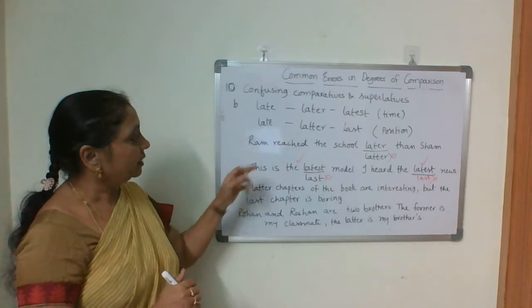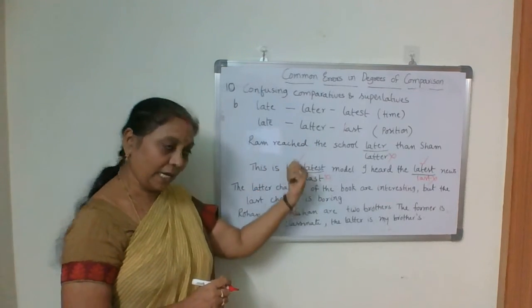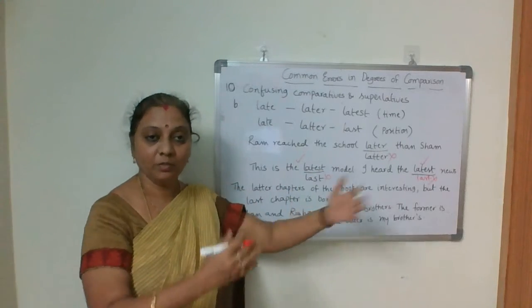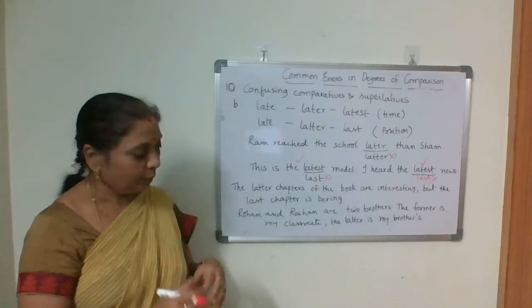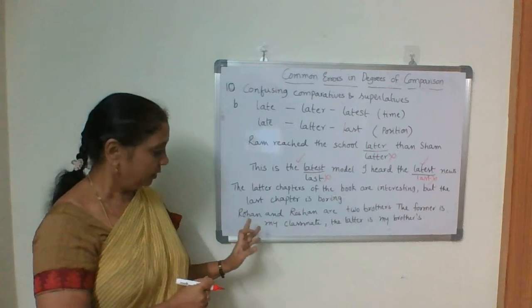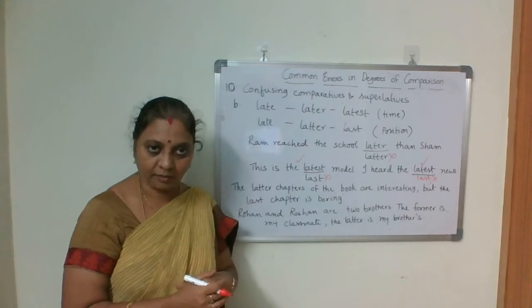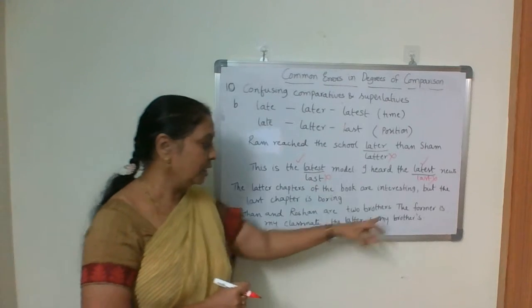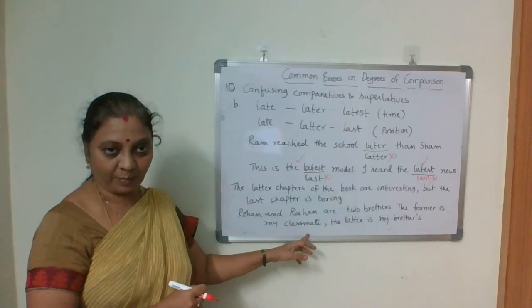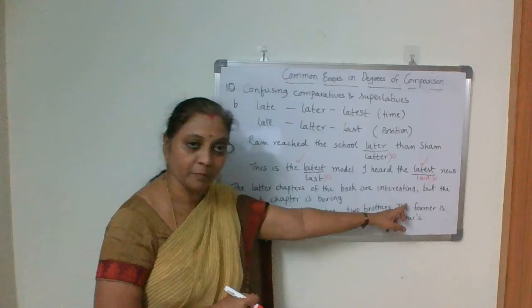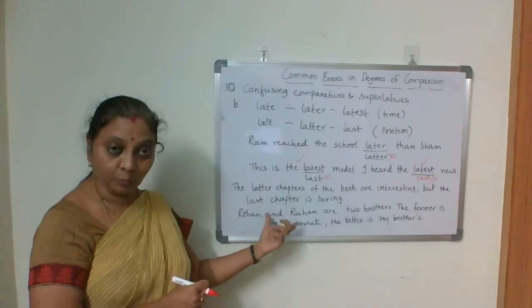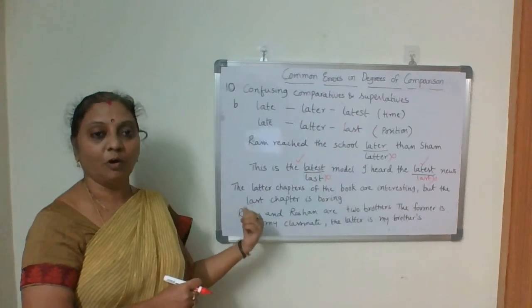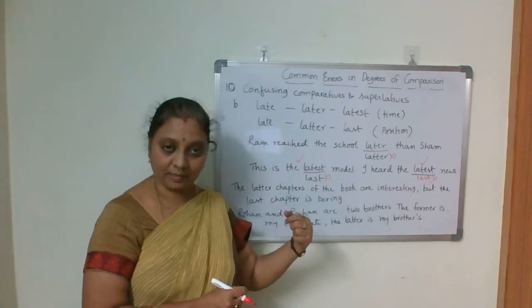Okay. Then the second one is latter and last, which talk about positions. Okay. When two people are there, Rohan and Roshan, those two are brothers. In such cases, how do you use it? The former is my classmate. When you are talking about two people, the first one is the former, the second one is the latter.